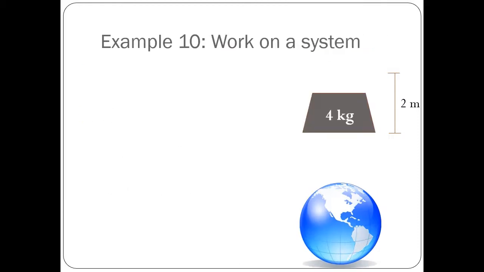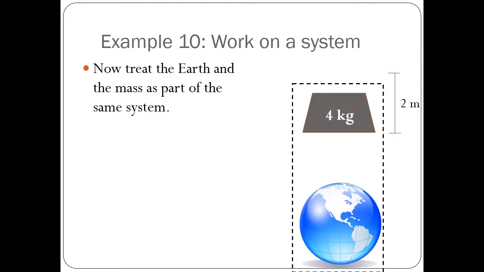But now, let's identify the system as the 4 kilogram block and the Earth. So we'll draw a dotted line around both of those. Now let's calculate the work done on our system. Well, we still have the same force pulling it up.